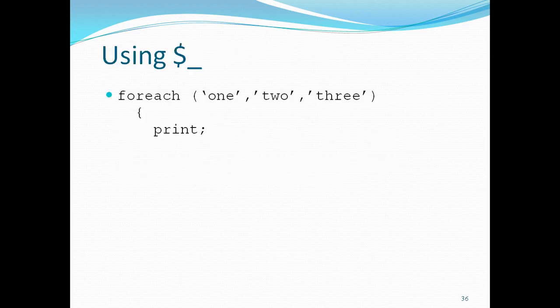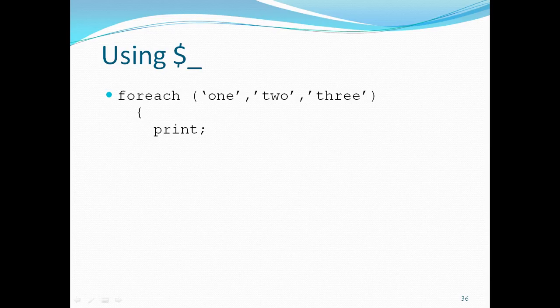Let me take this foreach 1, 2 and 3, which doesn't have any variable assigned, and I simply want to print this. If any variable is not assigned, as I said, by default it will go into the special default variable $_, or you can give a print statement.